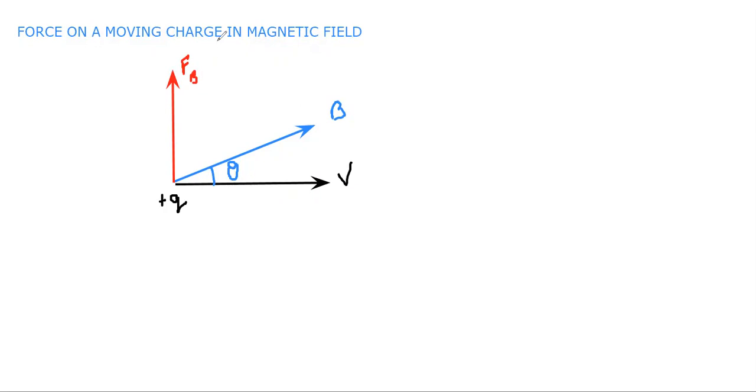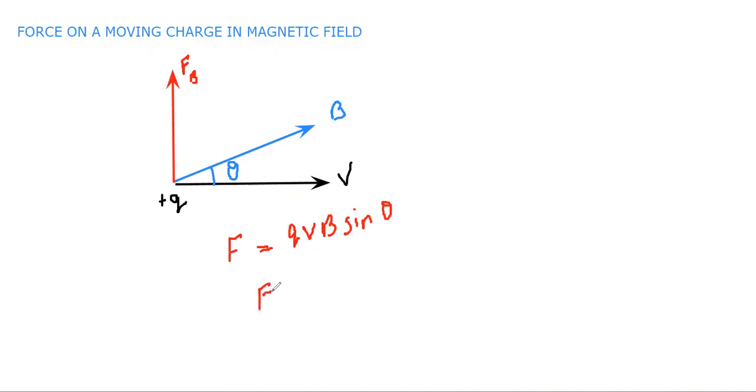Now, this force depends on the velocity of the charged particle, the magnetic field, the charge, and the angle between the velocity and magnetic field. So this magnetic force is equal to QVB sin theta, where theta is the angle between V and B, velocity and magnetic field.